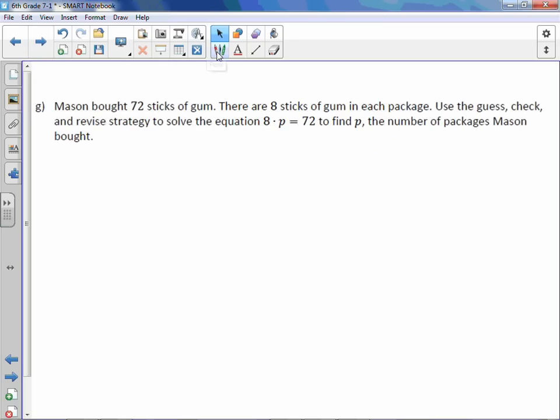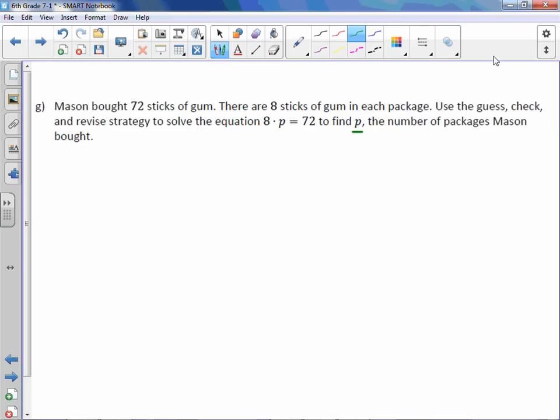Mason bought 72 sticks of gum. There are 8 sticks of gum in each package. Use the guess, check, and revise strategy to solve the equation 8 times P equals 72 to find P, the number of packages Mason bought. It gives us a variable, so there's no need for a let statement. Okay.